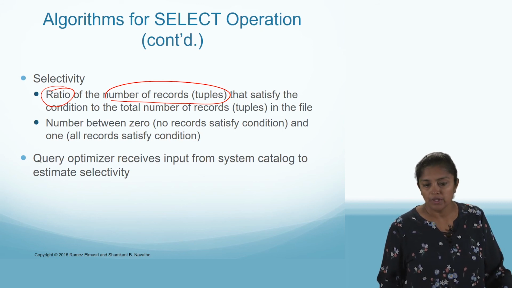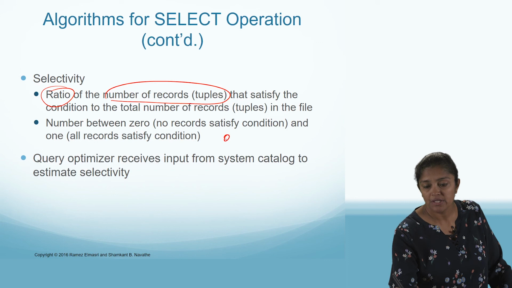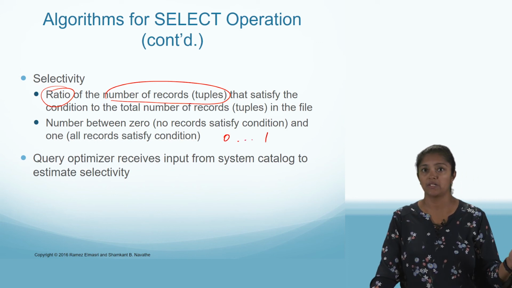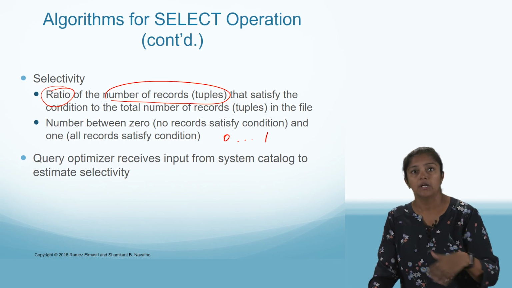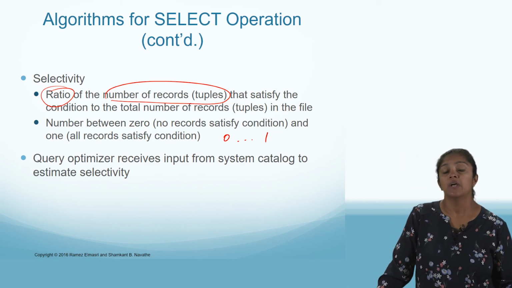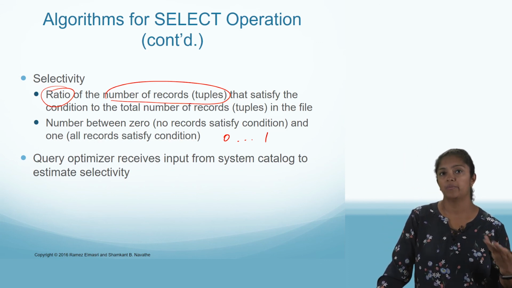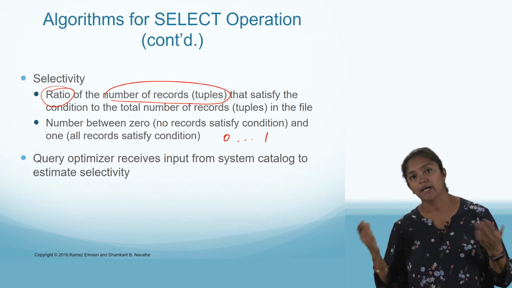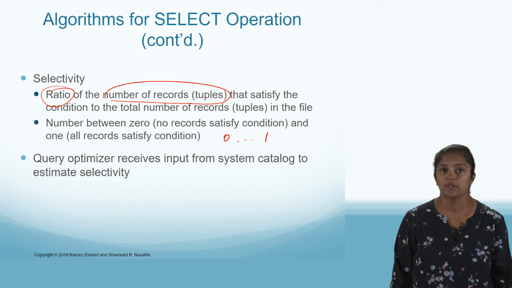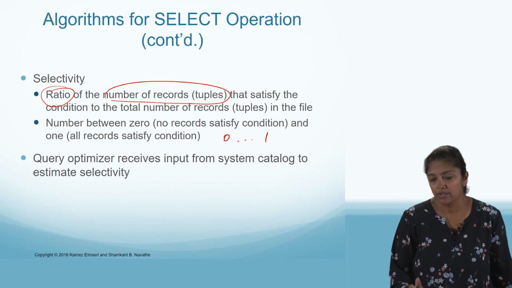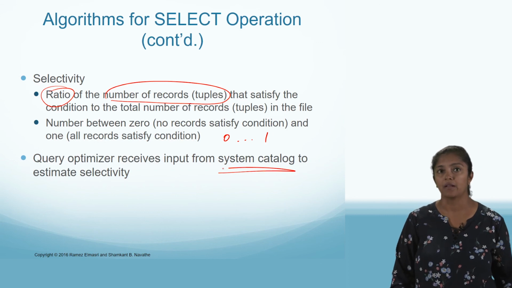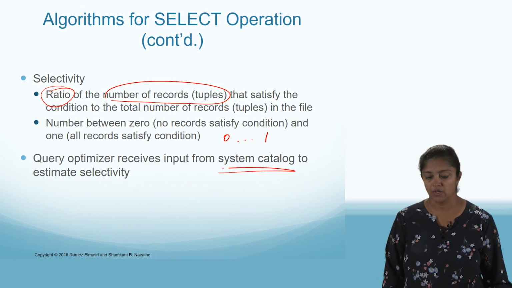This selectivity ratio is a number between 0 and 1, where it's 0 when no records satisfy the condition, and it's 1 when all records satisfy the condition. So for every query, the optimizer has to check what the selectivity ratio is going to look like, and based on that come up with a query plan, and it can get the selectivity ratio using the system catalog. So that's all I have in this video.